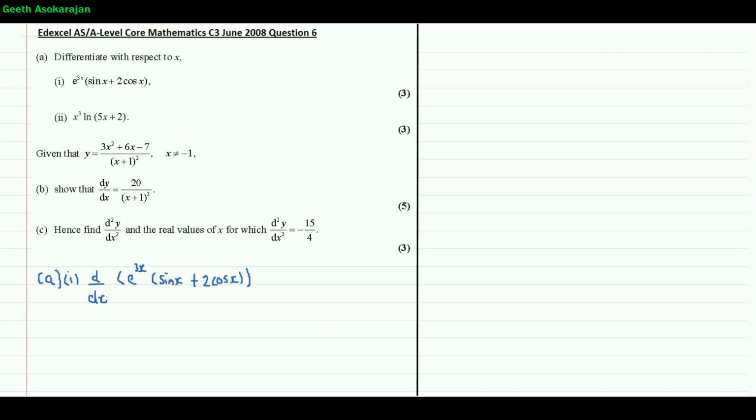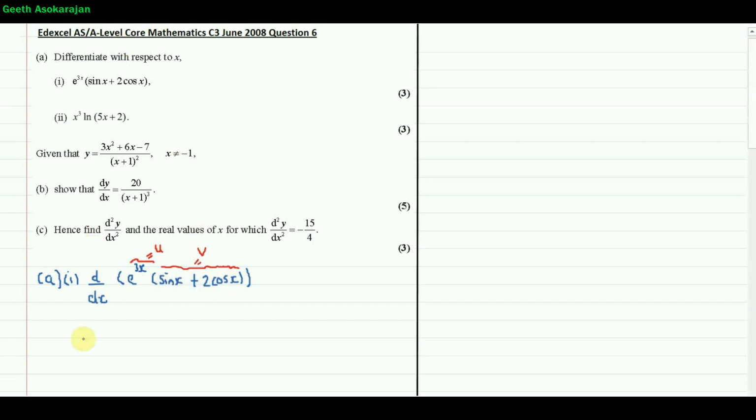I'm going to take u to be e to the 3x, and I'm going to take v to be this entire term within the brackets. So my v is going to be sine x plus 2 cos x.